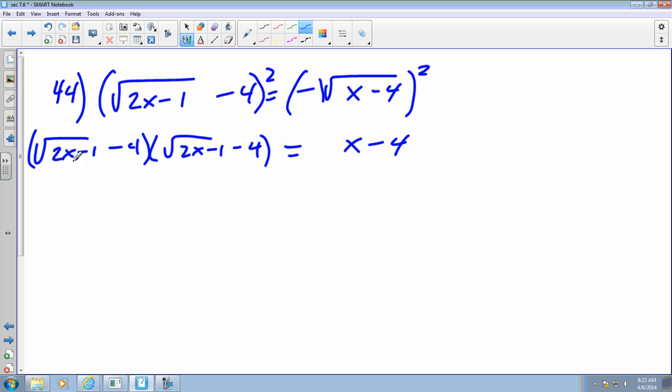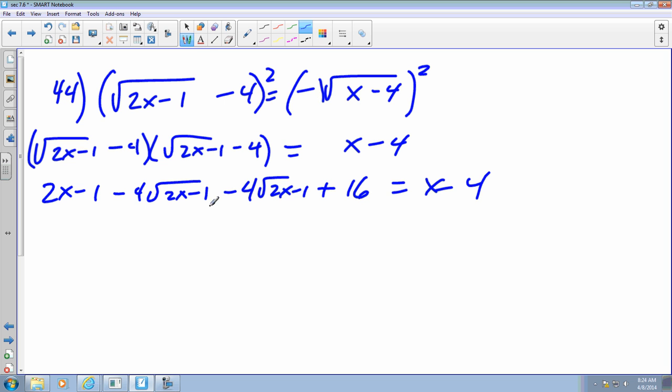And so over here, I'm going to FOIL. The square root of 2x minus 1 times the square root of 2x minus 1 just gives me 2x minus 1. Outside times outside gives me -4 times the square root of 2x minus 1. Inside times inside is -4 times the square root of 2x minus 1. And last times last, -4 times -4 gives me 16.